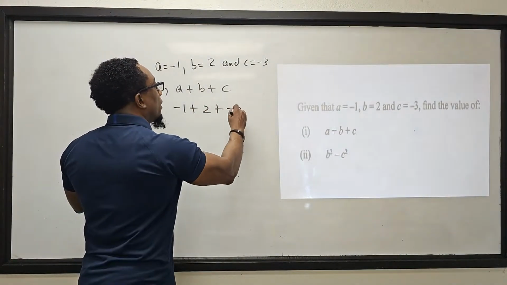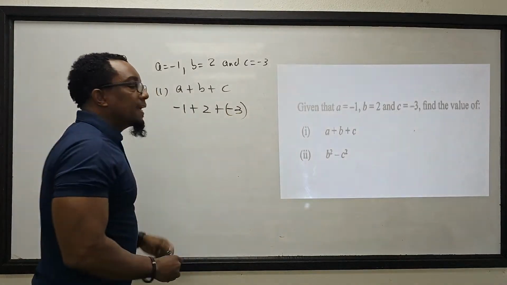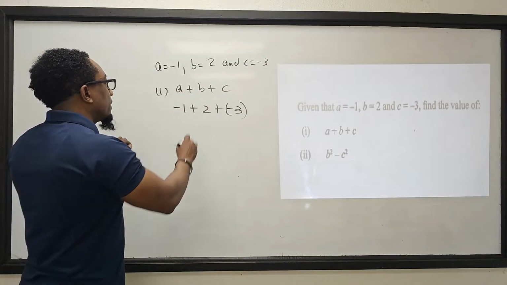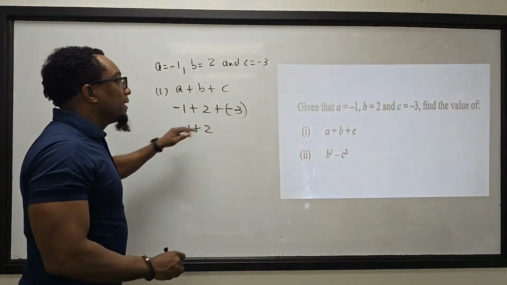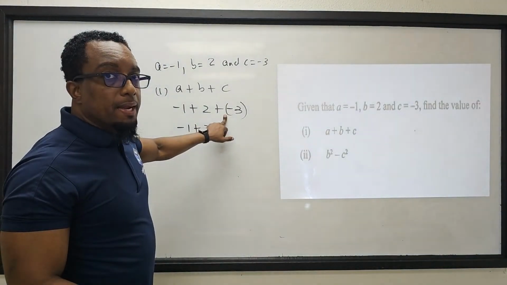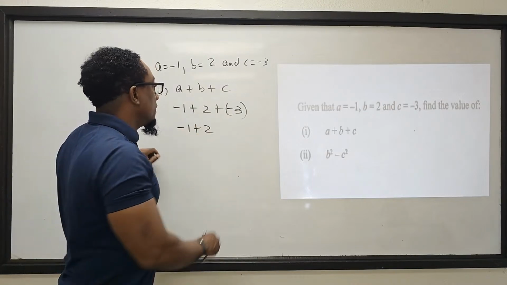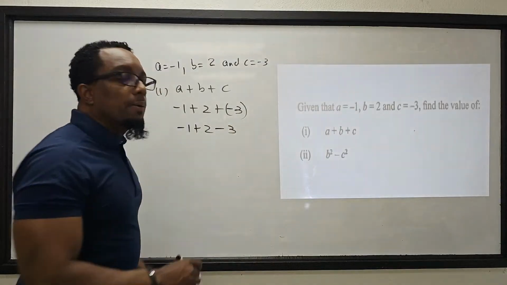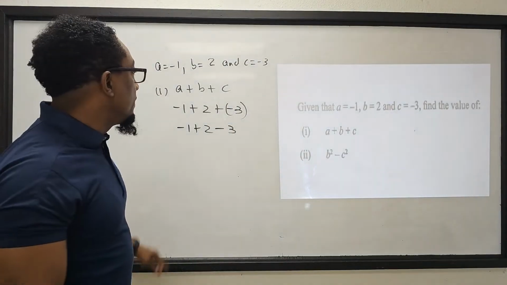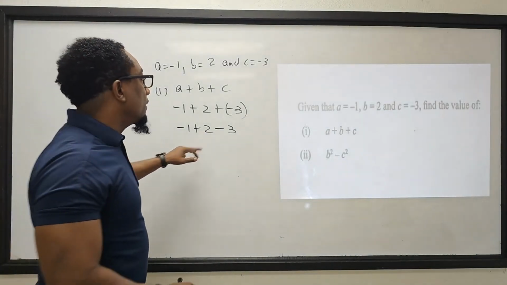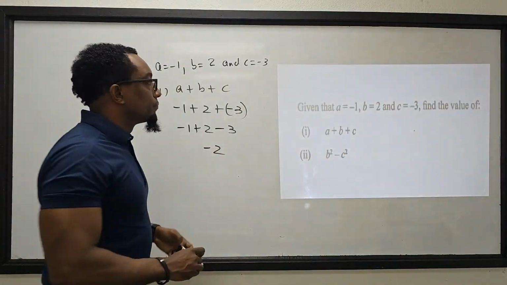But I make sure I replace my plus sign and my negative 3 with brackets. This will be negative 1 plus 2. Let me remove the brackets by applying my rules of signs of multiplication. A plus by a minus is a minus 3. And now I can simplify very comfortably. Negative 1 plus 2 is 1, and 1 subtract 3 will give me negative 2.